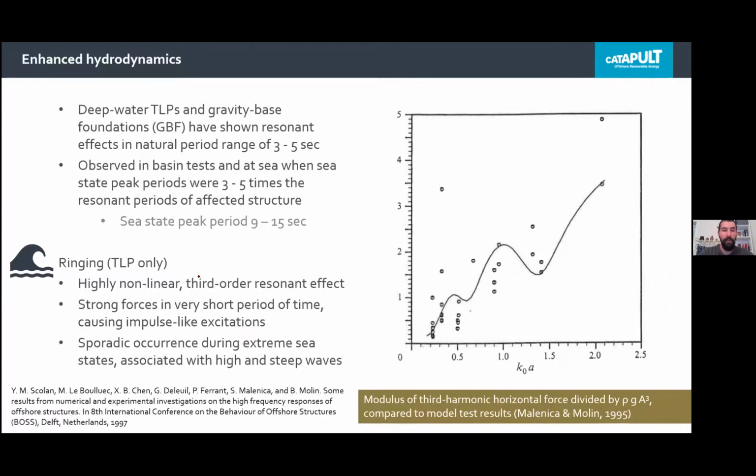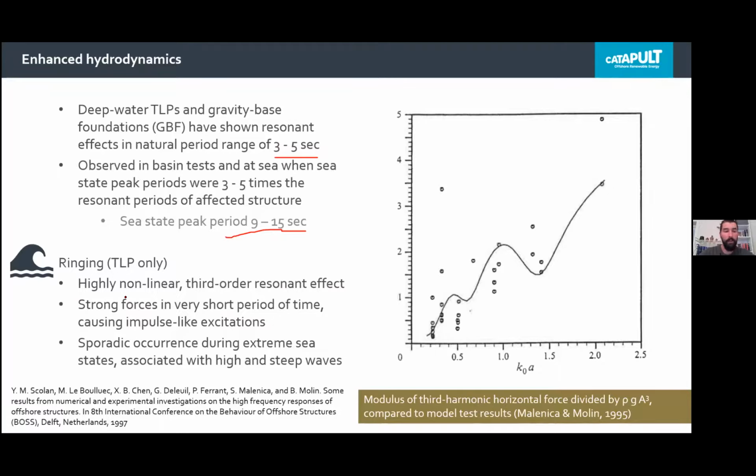Ringing is third order in that it happens when the peak period of a steady state is 3 to 5 times greater than the resonant or natural period of the wind turbine rigid body, meaning that when the steady state peak period is in the range of 9 to 15 seconds, it will affect natural periods in the range of 3 to 5 seconds, which again means it could be a pitch, roll, or heave degree of freedom in a TLP wind turbine. So very much of interest to us.